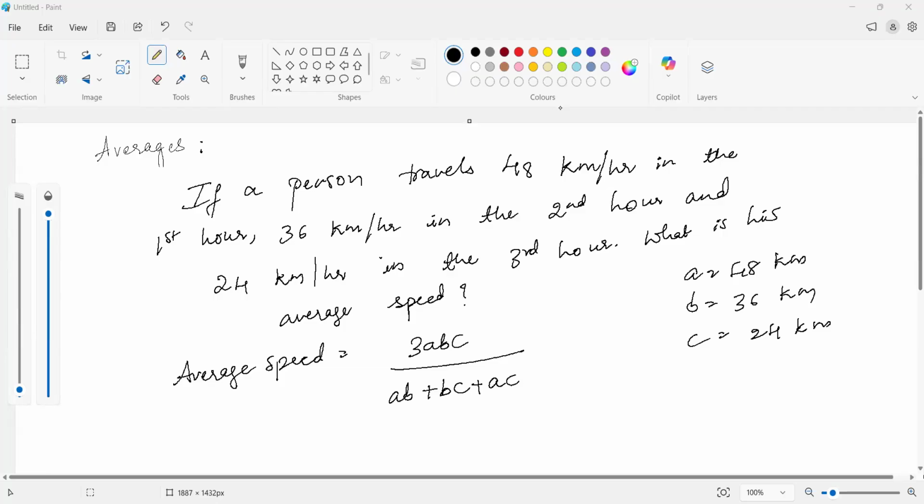All of you got 33.23. Are you getting this value? 33.23.